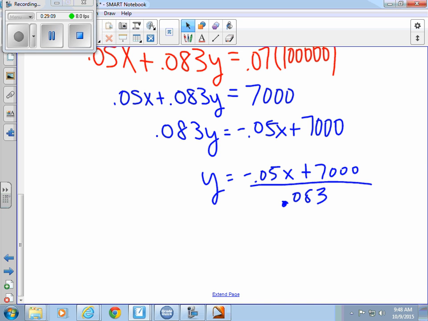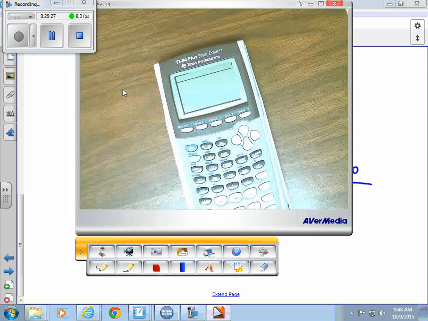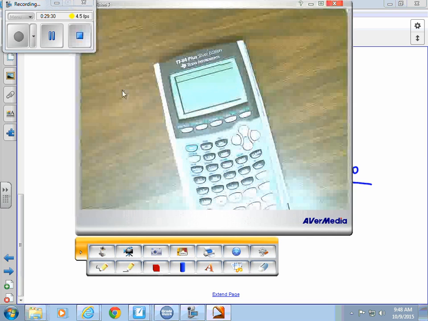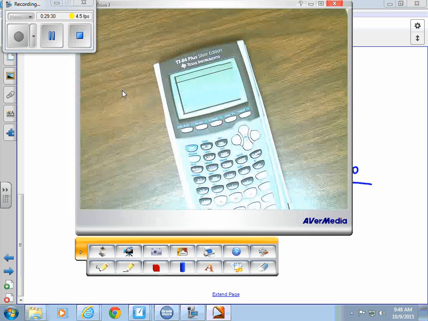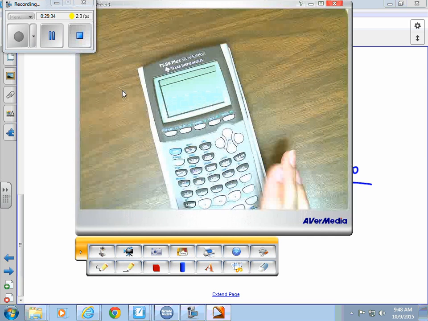Would you agree that my y max probably needs to be something like 100,000, since I have that y-intercept of 100,000? Okay, so I made my y max 100,000, which seems to work okay.